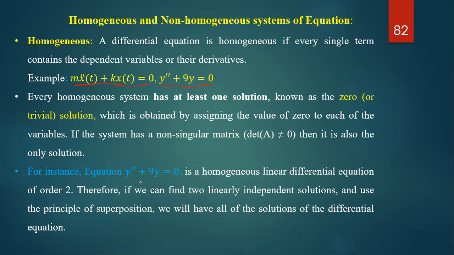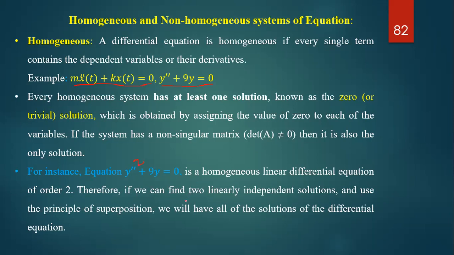Let's take this example. y prime prime plus 9y is equal to 0, or the second derivative of y plus 9y is equal to 0. It is a homogeneous linear differential equation of order 2, because the highest derivative here is of order 2.